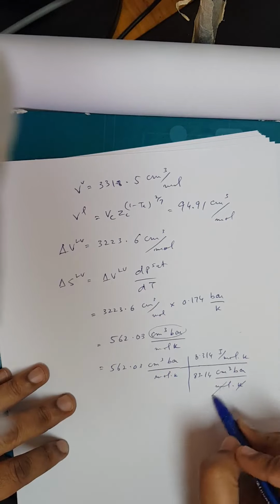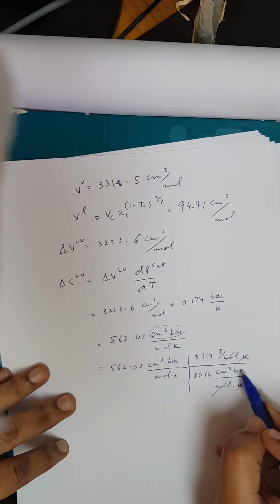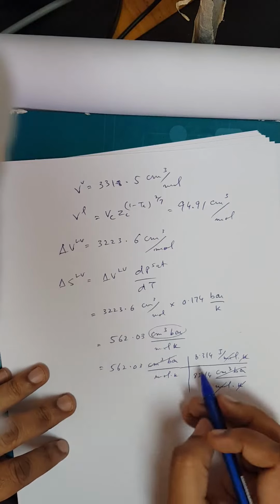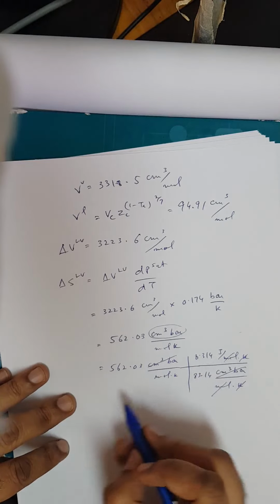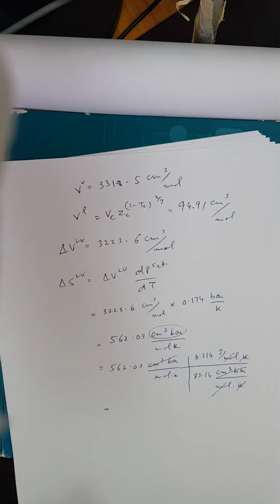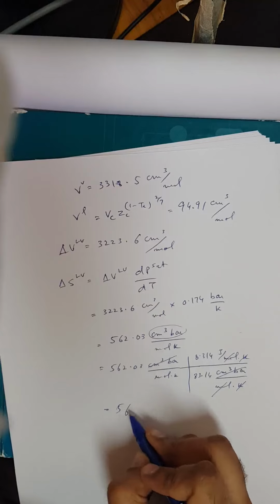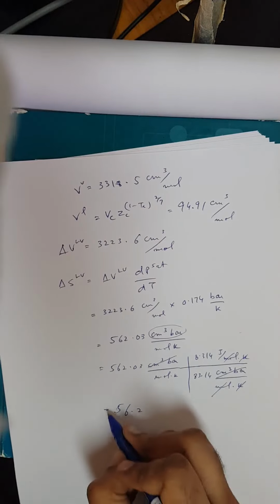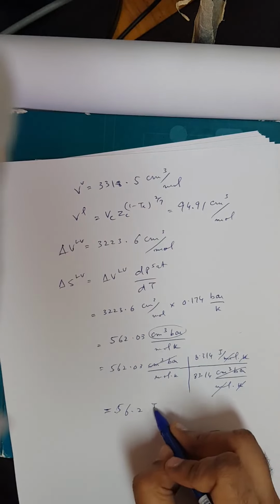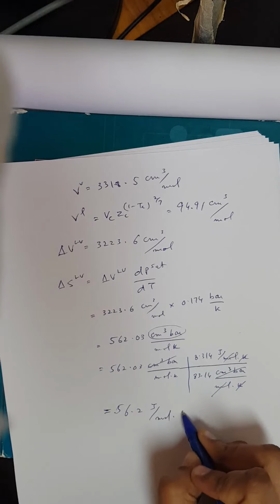So if you see, there is a factor of only 10. So if you divide by 10, it will give you 56.2 joule per mole per Kelvin.